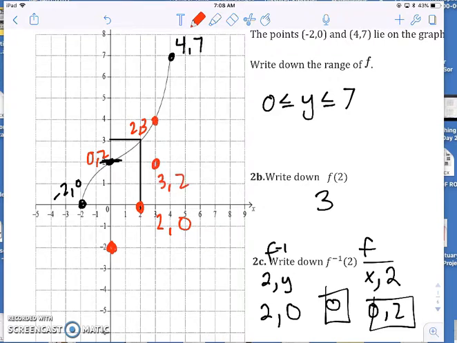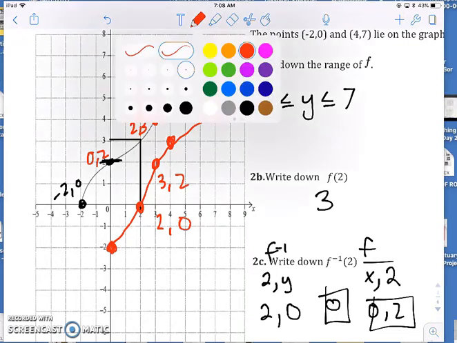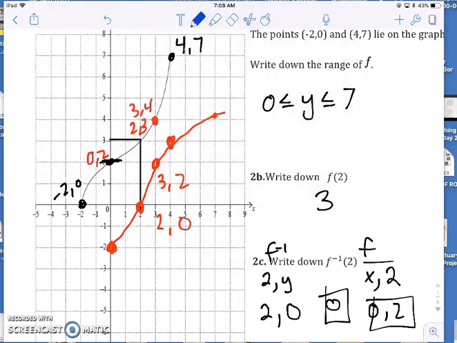Here's another nice point, that's 3, 4, so that becomes 4, 3. And then 7, 4, so it becomes right there. And again, as a reminder, if we were to reflect it over the line y equals x, we would have our reflection there.